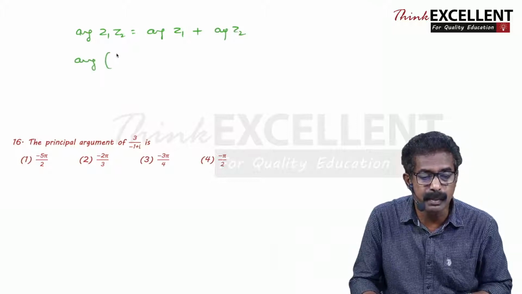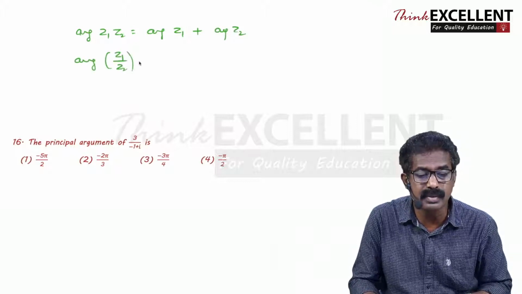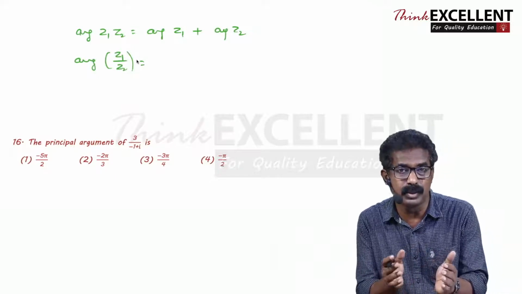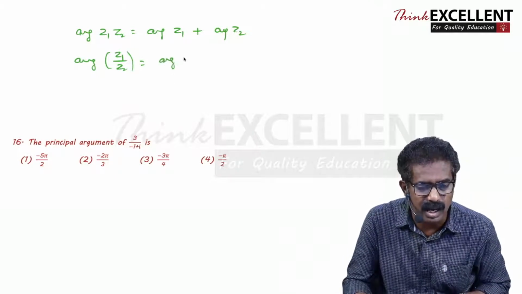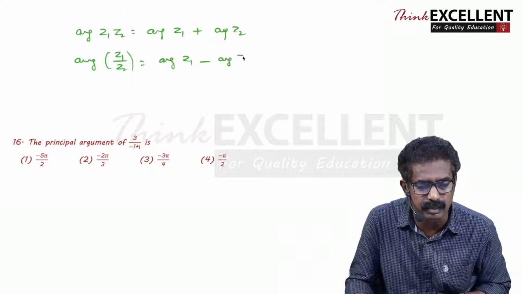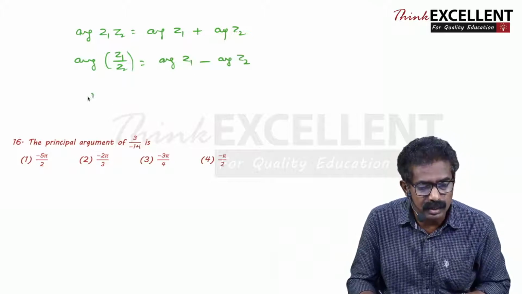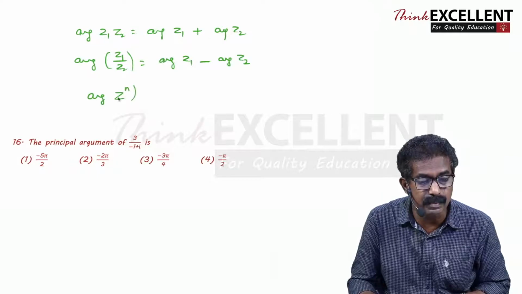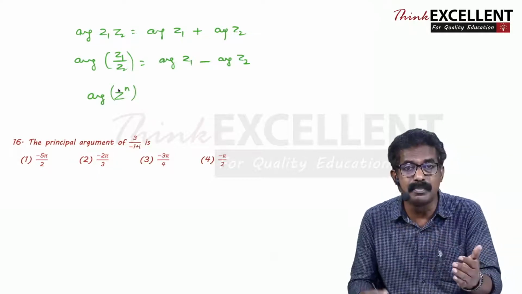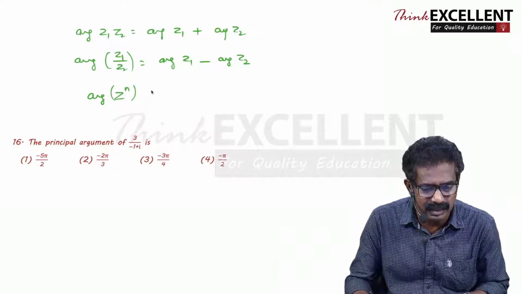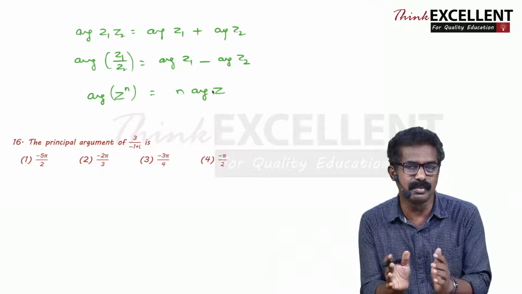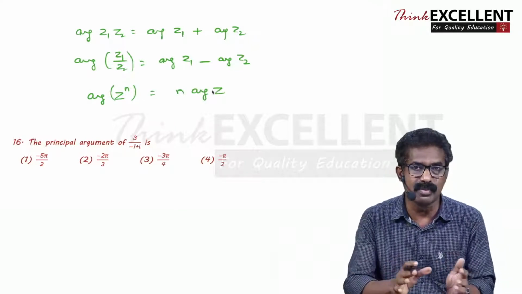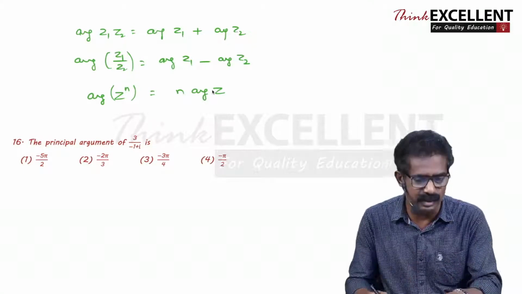For log of A by B, the quotient rule, you write log A minus log B, so argument of Z1 by Z2 is argument of Z1 minus argument of Z2. For argument of Z raised to n, the power rule, log A raised to m is m log A, so the same here: n into argument of Z. Argument almost follows the rules of logarithm. It is just for you to remember.